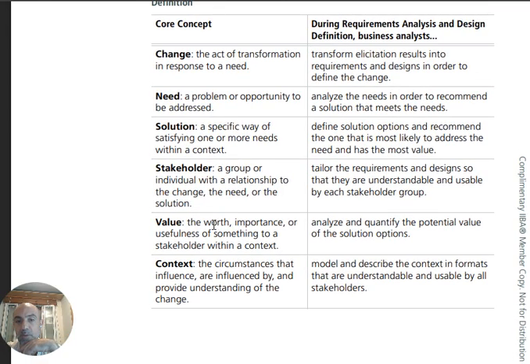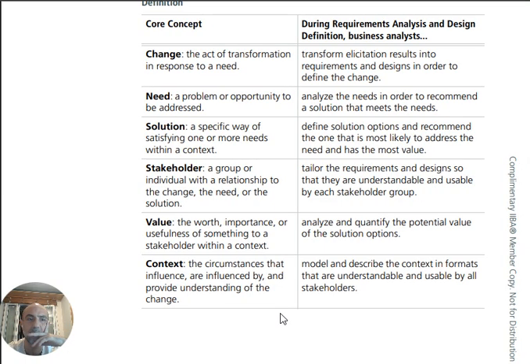They kind of go two by two, right? The change and need go together, solution and stakeholder go together, and value and context go together. But overall, all of them are one big blob of the things that we have to always remember. So during elicitation results, you put together requirements and designs in order to define the change. When there's a need, you analyze the need in order to recommend the solution.